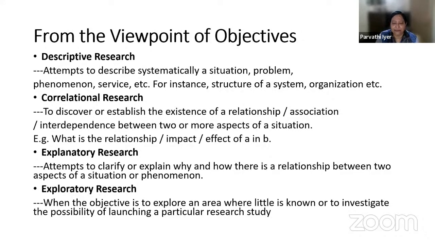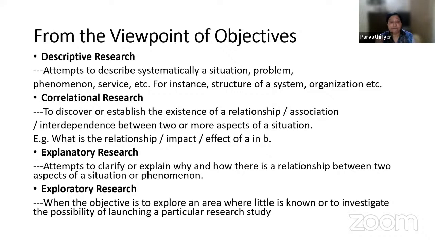I had mentioned that earlier as well, where you are trying to systematically describe some particular event, phenomenon, situation, or organization, and so on. Again, that depends on your vantage point, whether you're a scientist or a social scientist. So this kind of research we refer to as descriptive research.